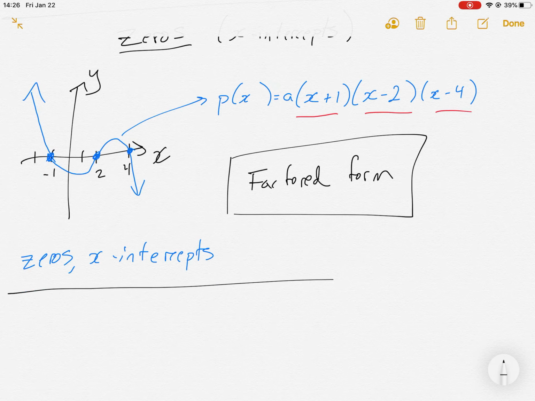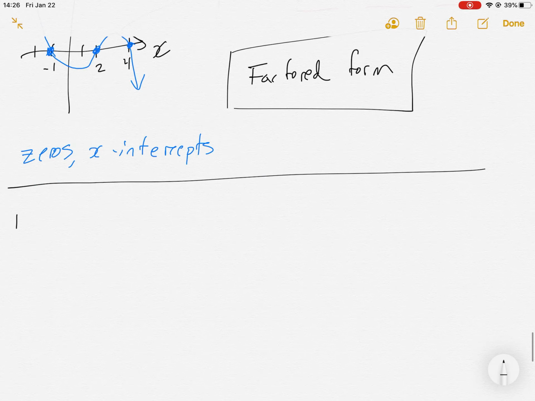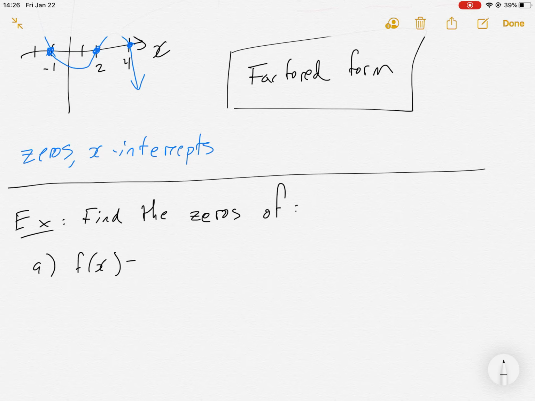So let's take a look now at an example. Let's say, find the zeros of the following polynomials. So let's do f of x equals 7 times 2x minus 3, times x plus 5, times 9x plus 4.